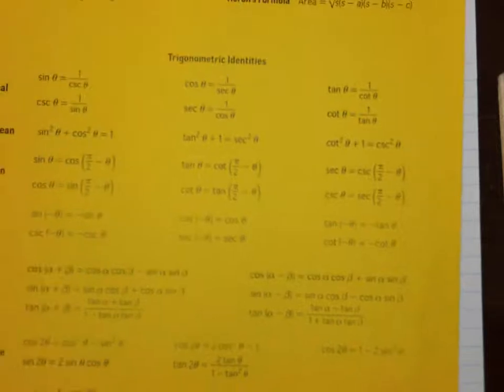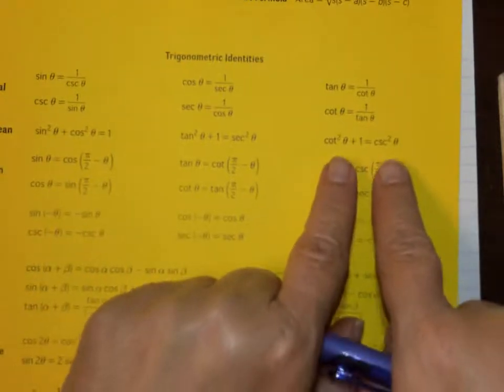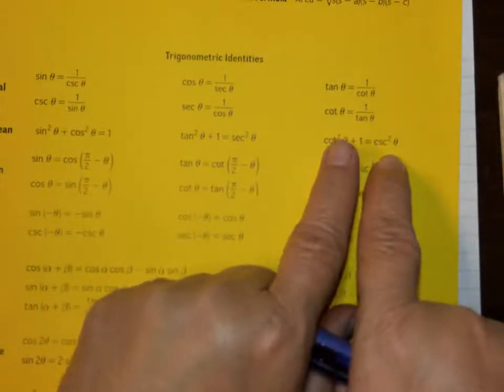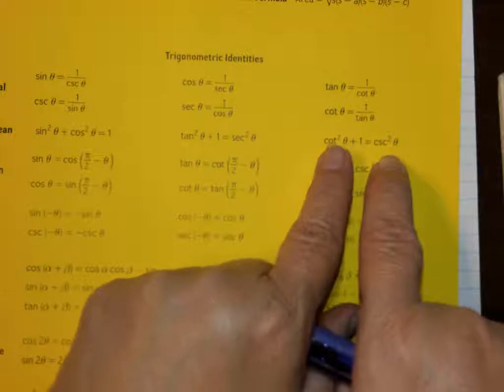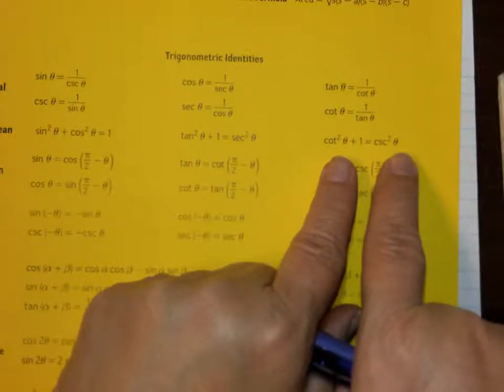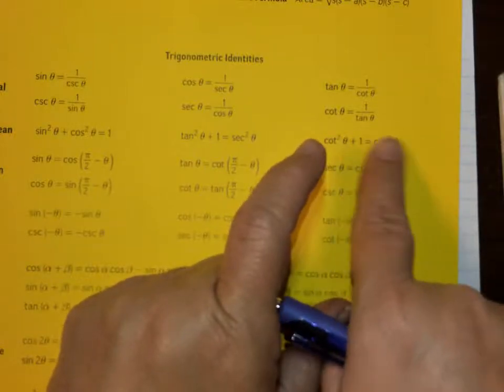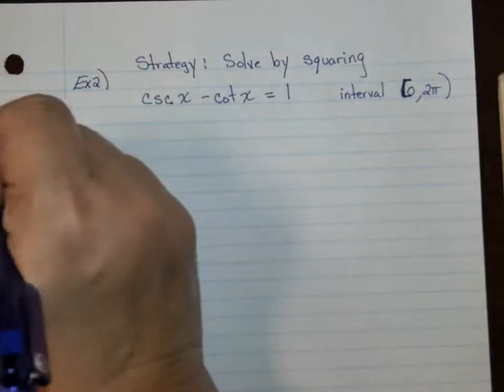But look down here. In the Pythagorean identity, there is something that relates cotangent squared with cosecant squared. So I'm going to take this Pythagorean identity and write it over here on the side because we're going to be using that.